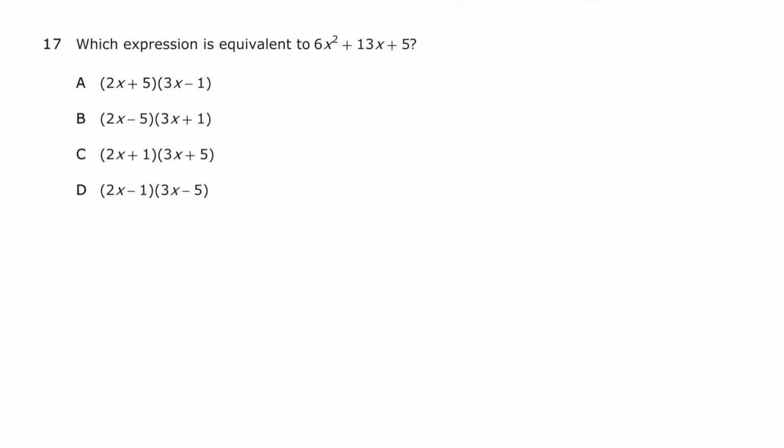Okay, on the next question, we have a trinomial, and we're supposed to identify the binomial pairs that gives us the equivalent. We can do it one of two ways. We could either do it by hand factoring, 6x squared plus 13x plus 5.